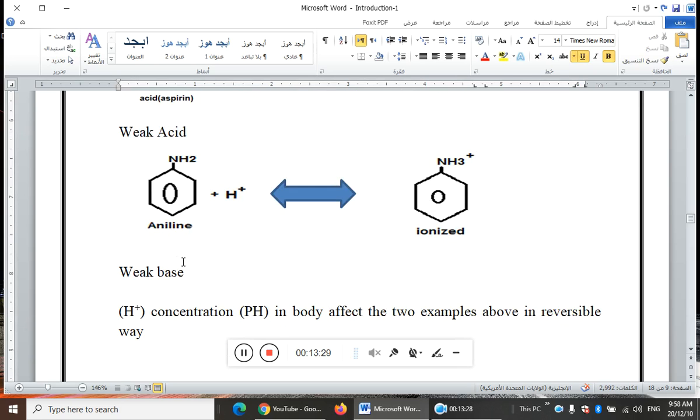The H concentration, which means pH, in the body affects the two examples above in a reversible way. How?